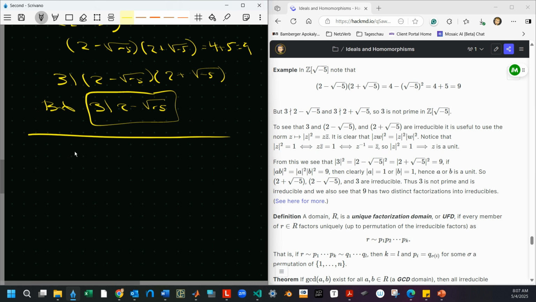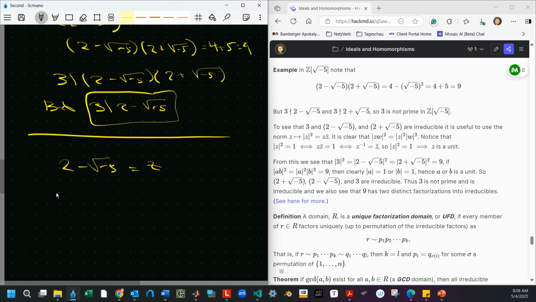And so for that, I'm just going to do one of these. Let's take 2 minus square root of minus 5. Certainly the argument for this one and the one for 2 plus square root of minus 5 should be the same. So this is going to be just the thing that I'm calling here z, for example, right?